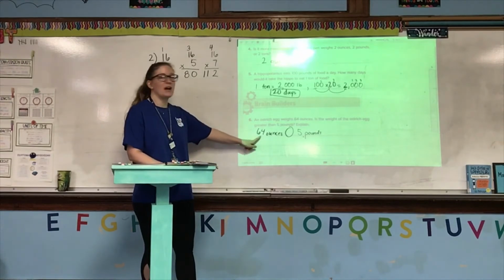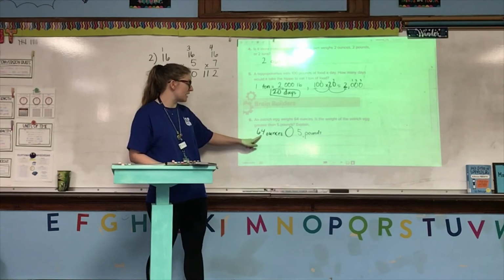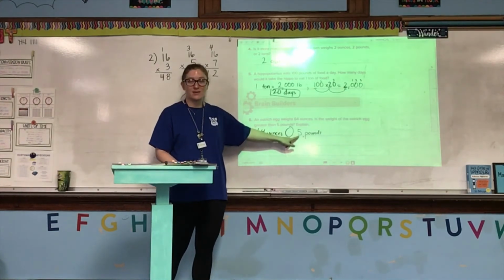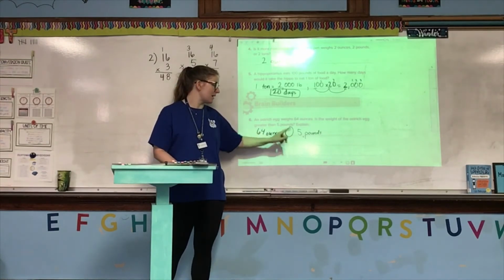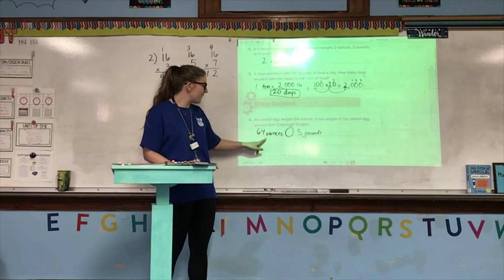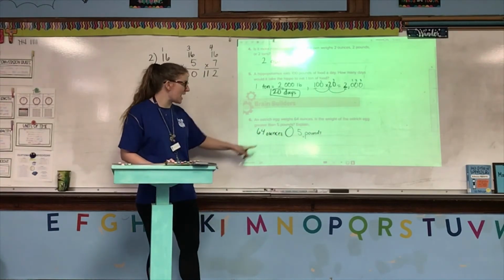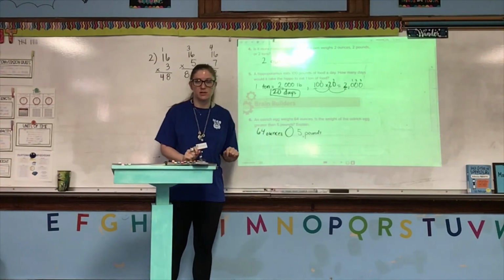Because if 64 ounces is less than or equal to 5 pounds, that means the answer is no. If 64 ounces is greater than 5 pounds, the answer is yes. So what that means is we have to get both of these into the same unit.